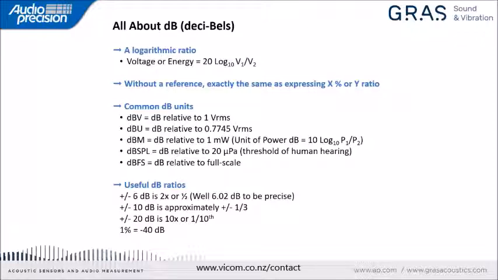These days, there are very few analog electrical circuits that are actually terminated into 600 ohms, and the more appropriate unit to use is dBu. dBSPL is a unit of sound pressure, and it's dB relative to 20 micropascals, which is generally understood to be the threshold of human hearing.